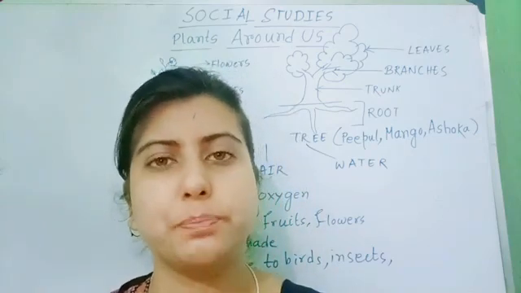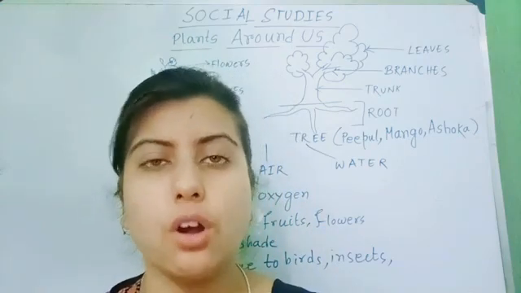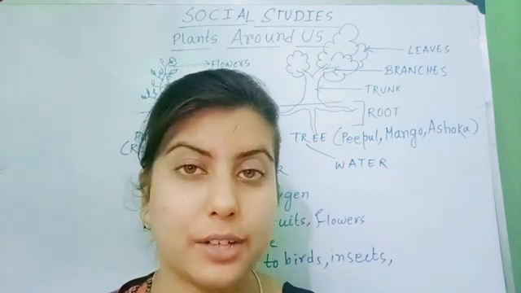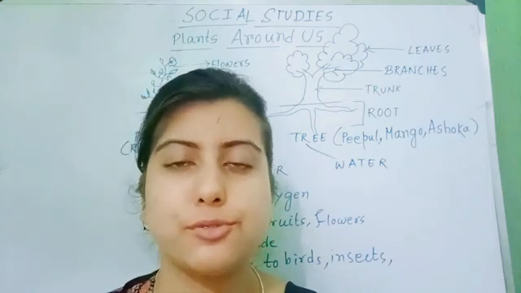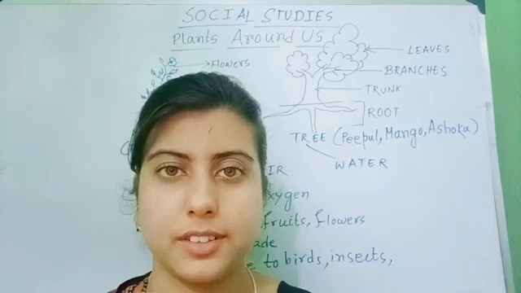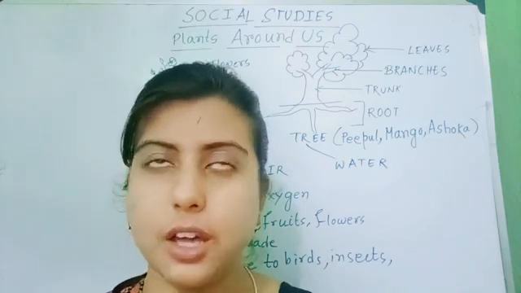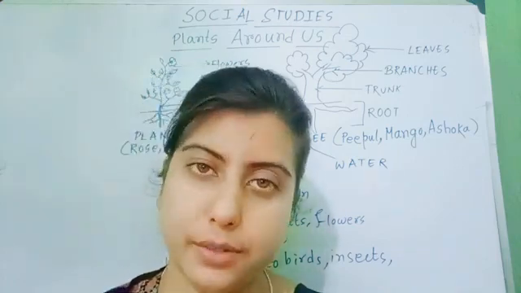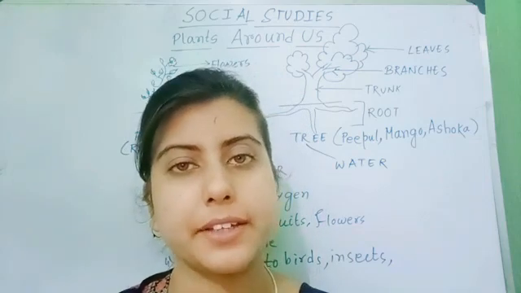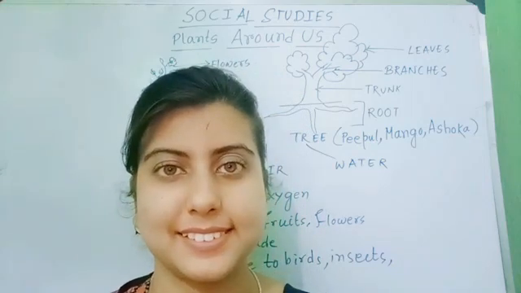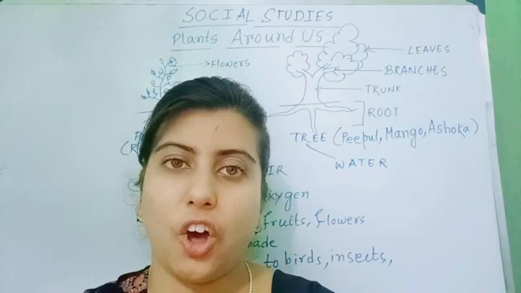We should plant more and more trees so that we can live peacefully on earth. If we don't have trees, we will not survive. So we should take care of trees.